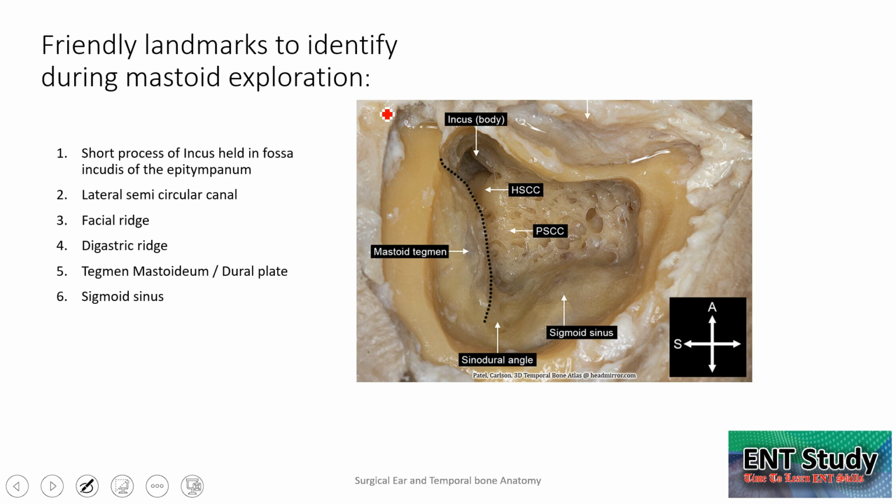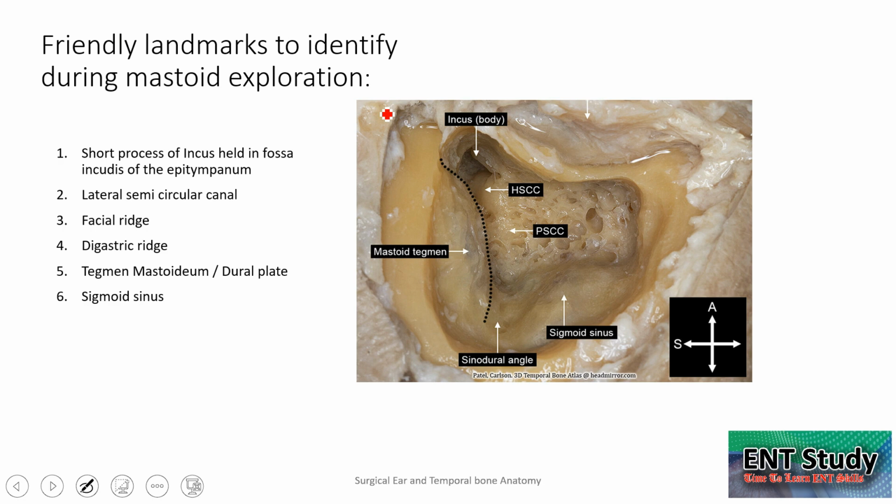So the friendly landmarks to identify during mastoid exploration are listed as below. This is pertinent to surgeries, and when we are drilling in the mastoid antrum, we need to recognize a few of the landmarks that we need to expose in order to perform an adequate surgery.